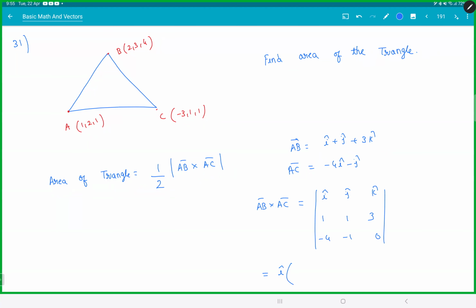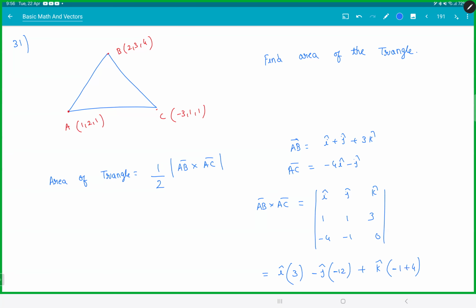Then this is I cap. So 1 into 0 is 0, minus (-1 into 3), which is 3. Minus J cap. So this and this will be gone. So 1 into 0, minus (-4 into 3). This is -12. K cap will be 1 into -1 plus 4, which is 3.